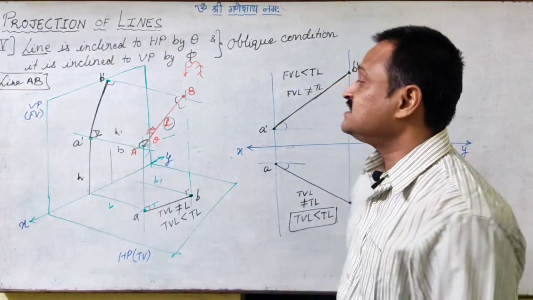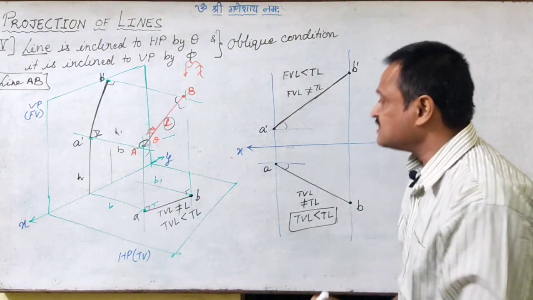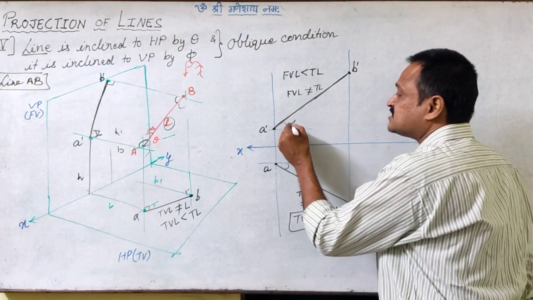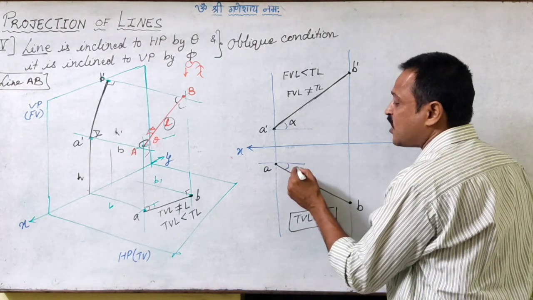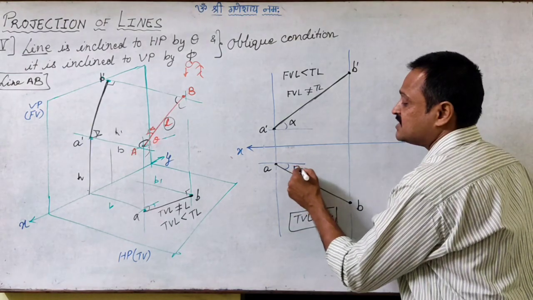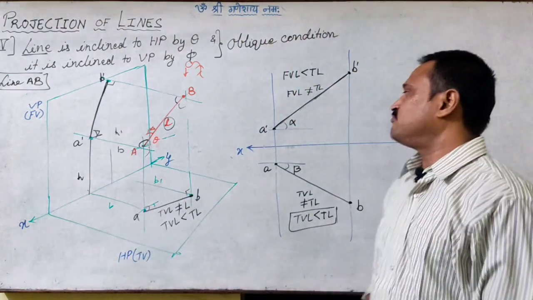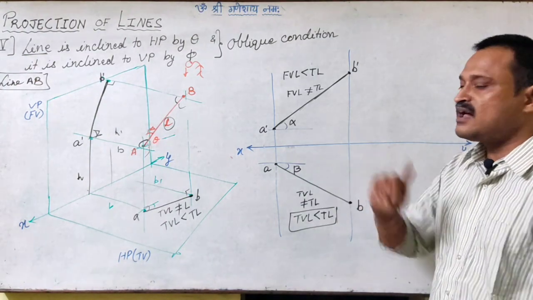Now if these lengths are projected lengths, that means certainly these inclinations are also not the true inclinations theta and phi. Rather, they are called alpha and beta. Now what is alpha?